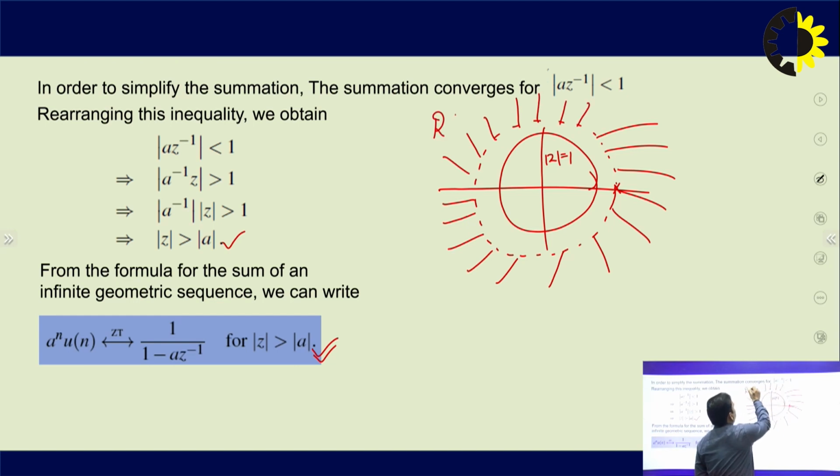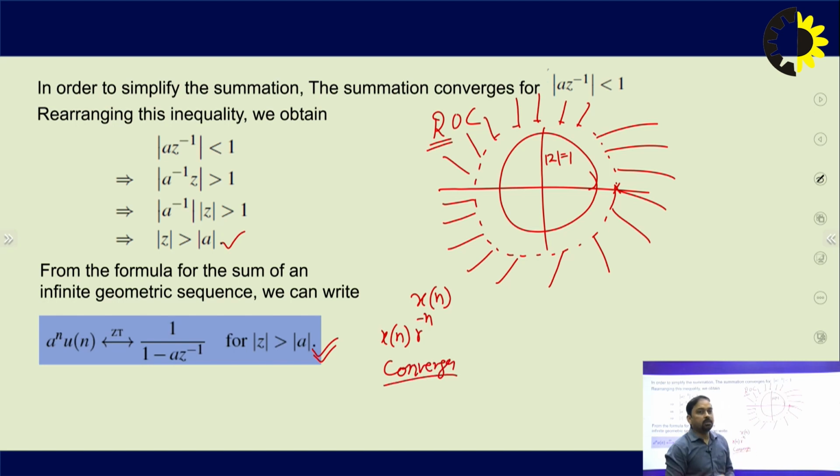As per the definition, ROC is the region of convergence, or we can say it's the magnitude of z, or r, for which the Z transform of x[n], or equivalently the DTFT of x[n] r raised to power minus n, converges. So basically this helps us in calculating the transform, if the transform is feasible.